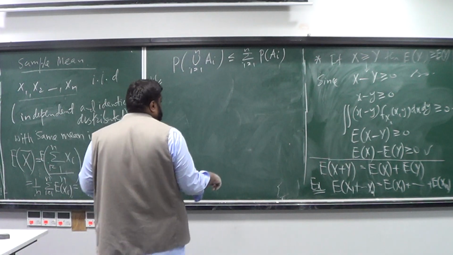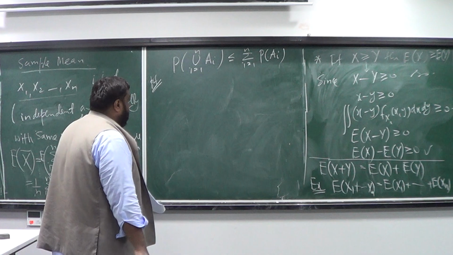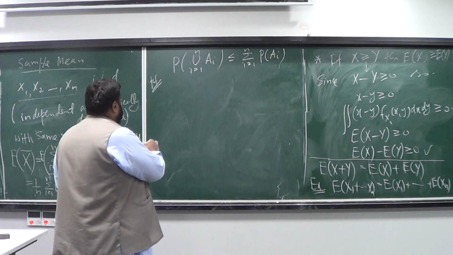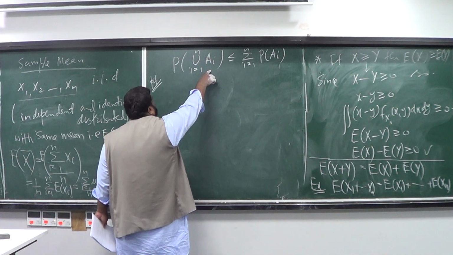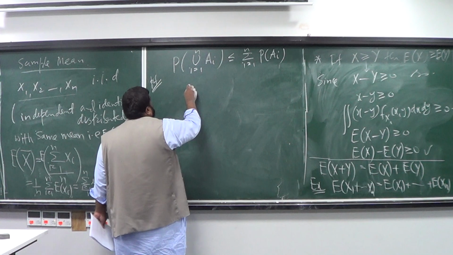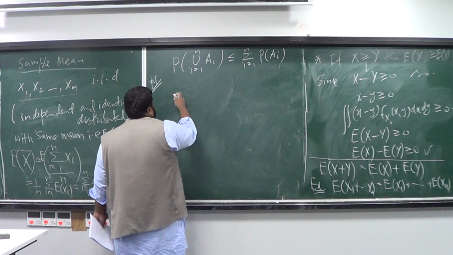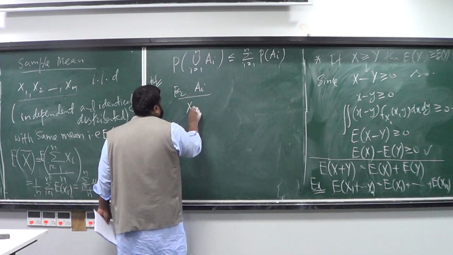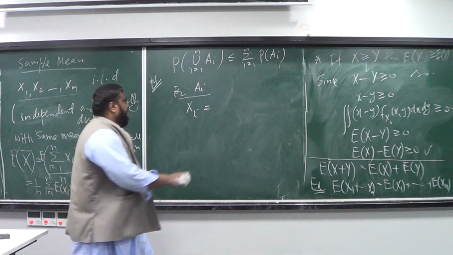In order to prove this using expectations, corresponding to each A_1, A_2, up to A_n, let me define n random variables x1, x2, up to xn. For A_i, let's define xi as the indicator function of A_i.